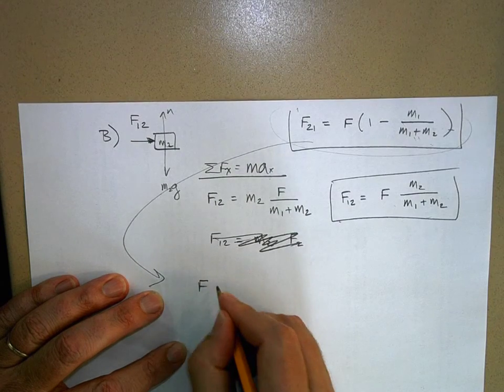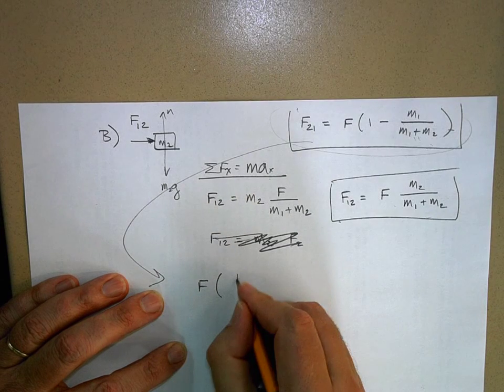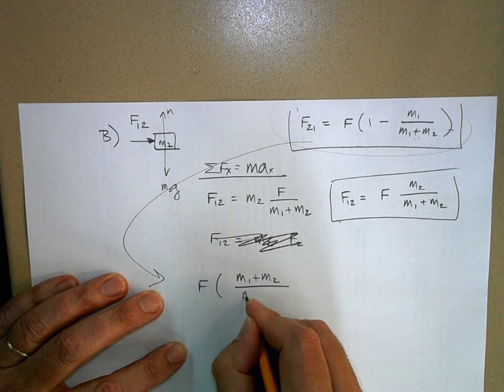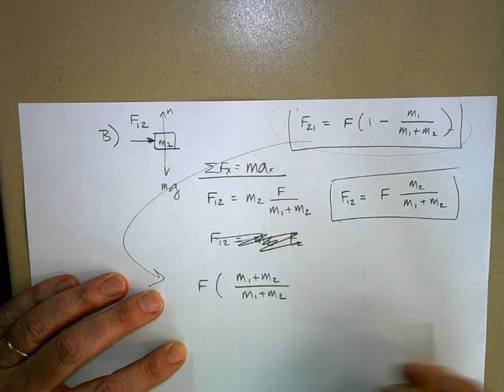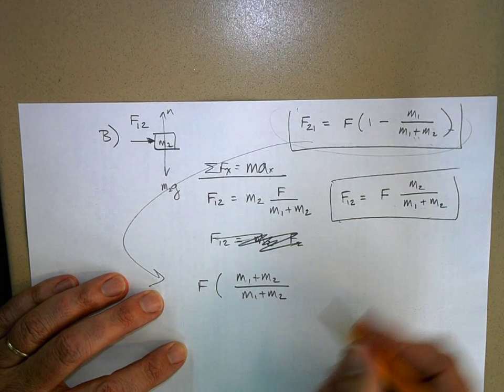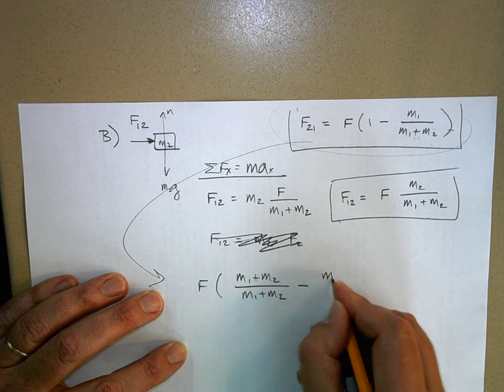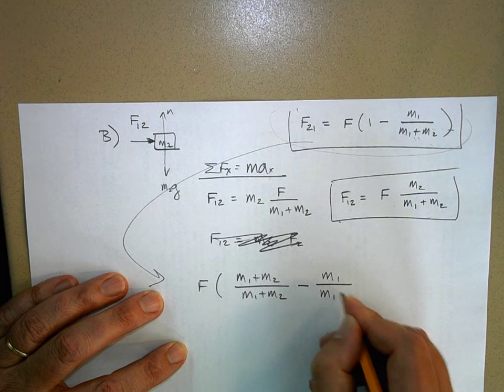F times, I'm going to say this is M1 plus M2 over M1 plus M2. I can do that. I'm just putting a common denominator there. Minus M1 over M1 plus M2.